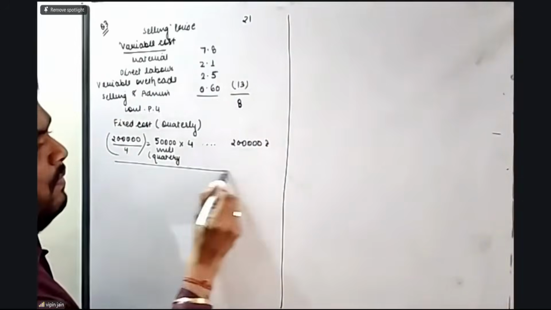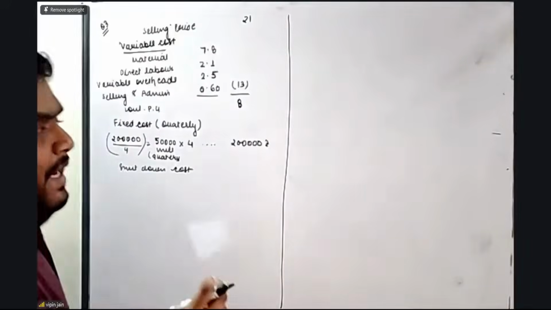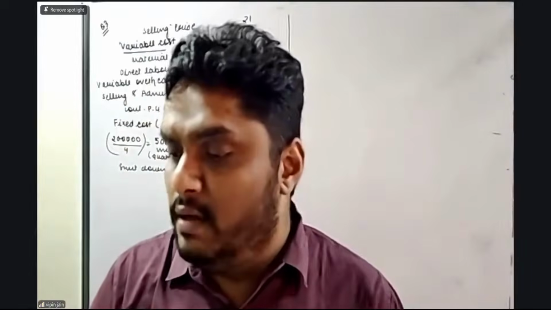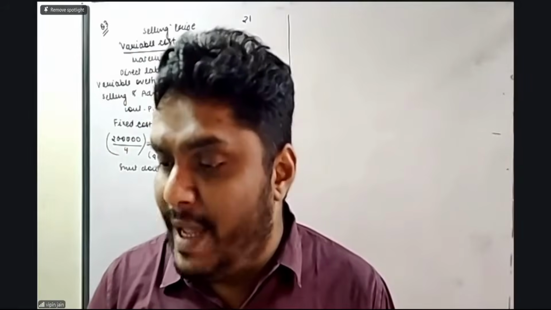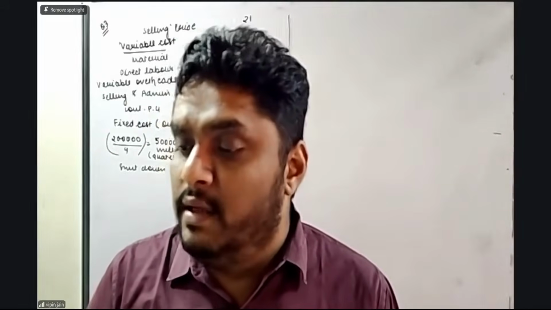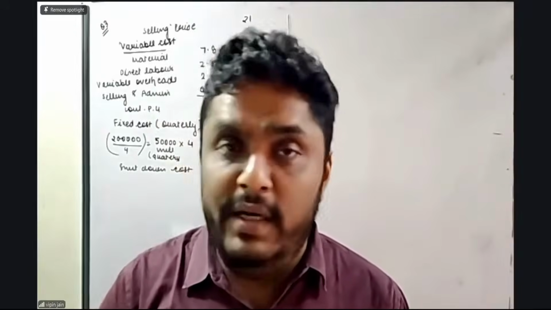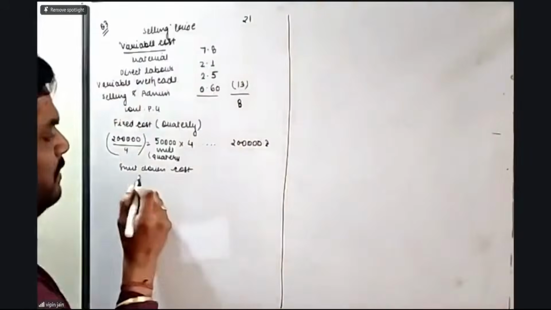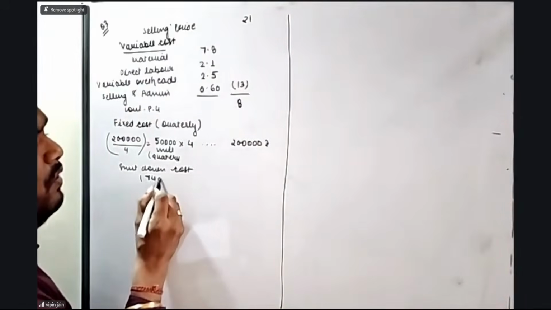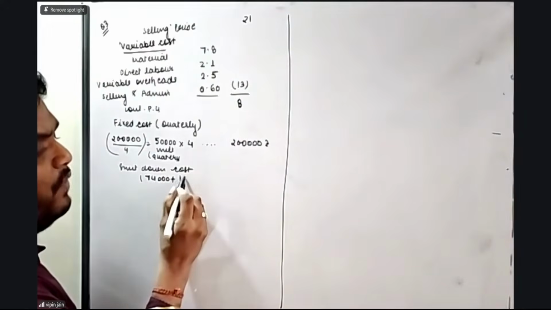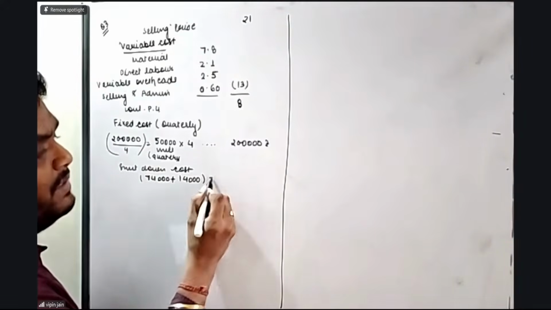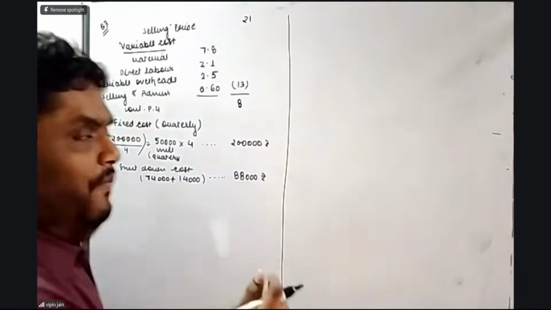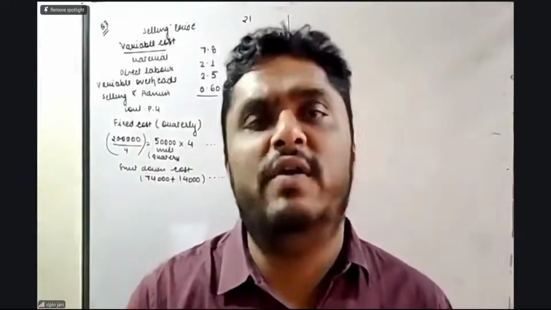Now, if we shut down the plant, it is given that management plan to shut down the plant, estimating that the fixed manufacturing overheads can be reduced to 74,000. So it means, even if we shut down, there will be a loss of how much? 74,000 plus 14,000, that is 88,000.